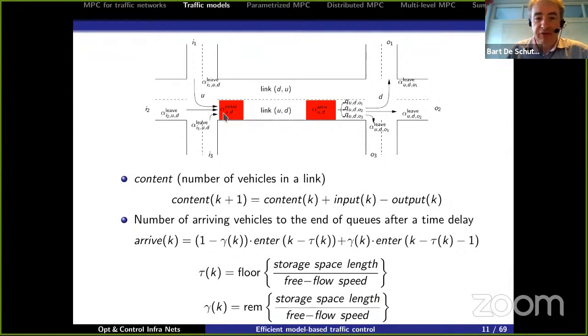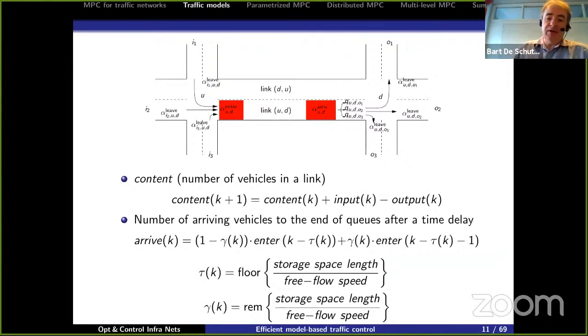They need to travel from the beginning of the link to the tail of the queue. That's characterized by the so-called storage space length. We just divide this length by the speed of the vehicles, and then we know how much time the vehicles need to go from the beginning of the link to the queues.